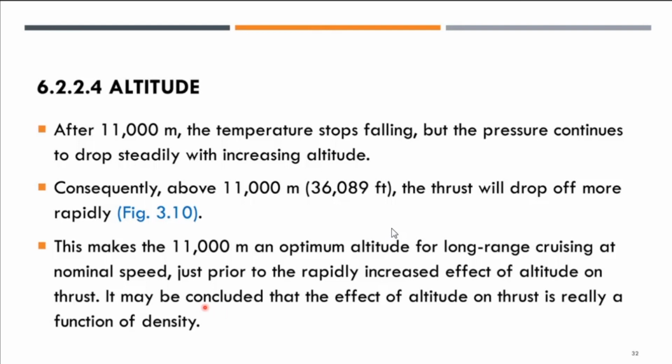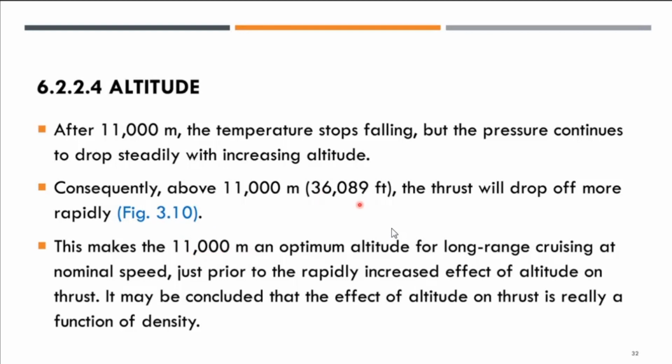It may be concluded that the effect of altitude on thrust is really a function of the density. That's why when you are flying, for example, a 777 or A380, A350, it will not go beyond 11,000 meters, not beyond 36,000 feet.